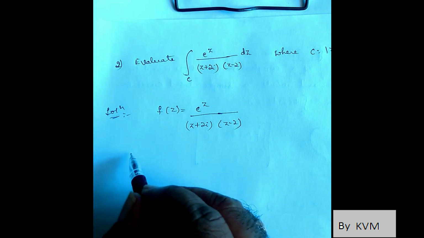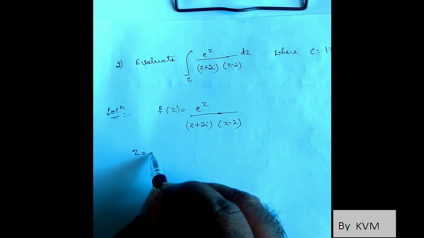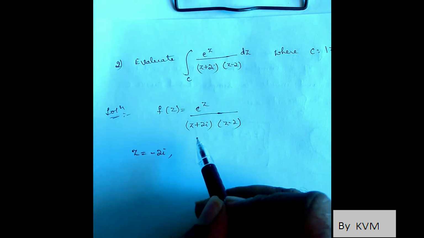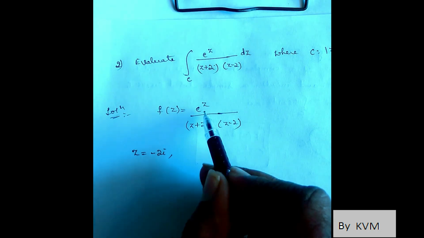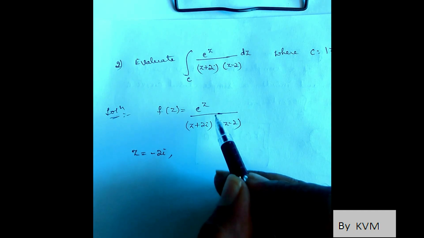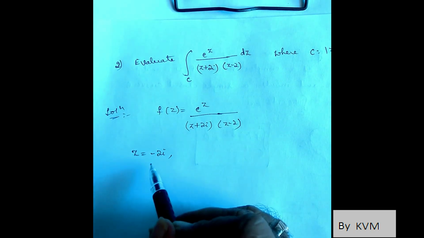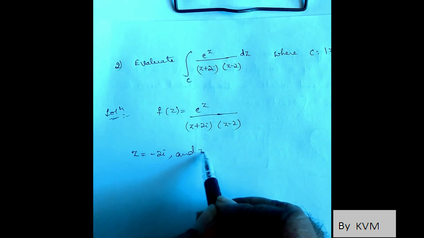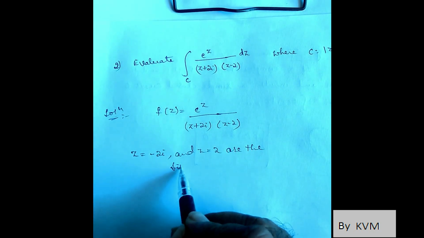So by seeing the denominator, we have z equals minus 2i. If you take z equals minus 2i, plus 2i is 0, so 1 by 0 is infinity. And again, if you take z equals 2, 2 minus 2 becomes 0, so again 1 by 0 is infinity. So z equals minus 2i and z equals 2 are the singular points.